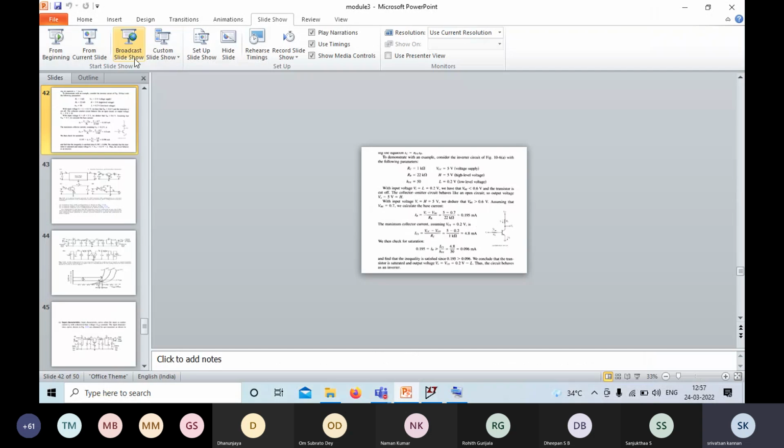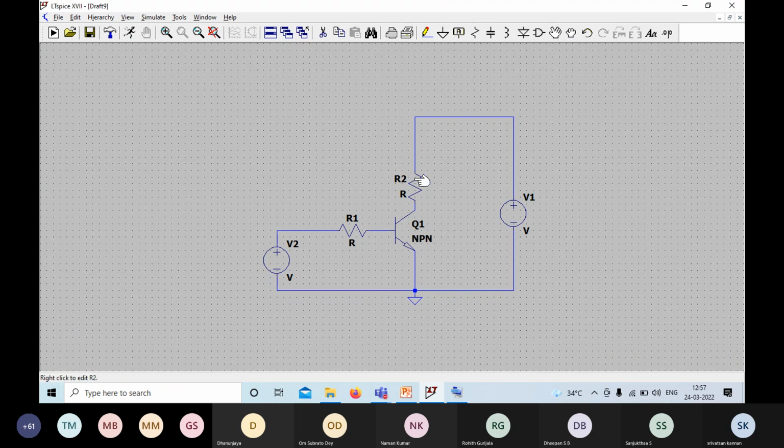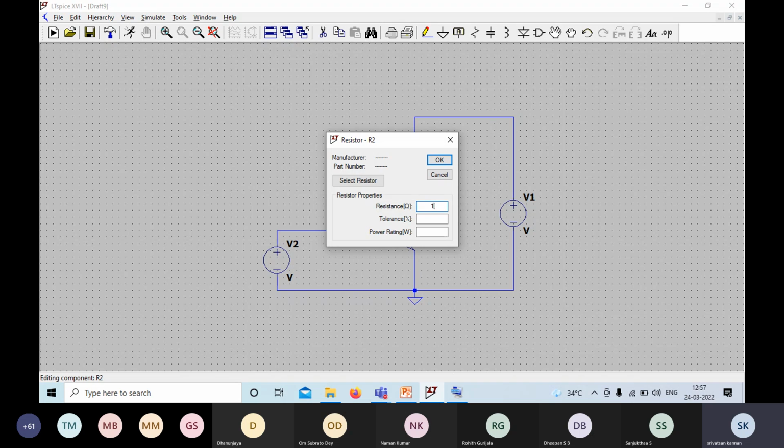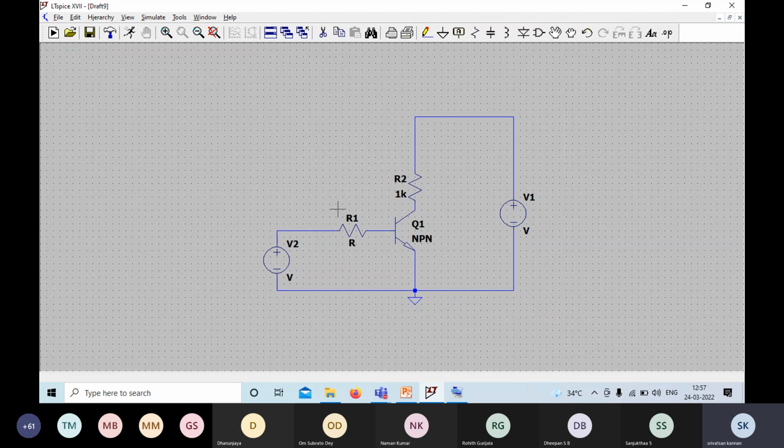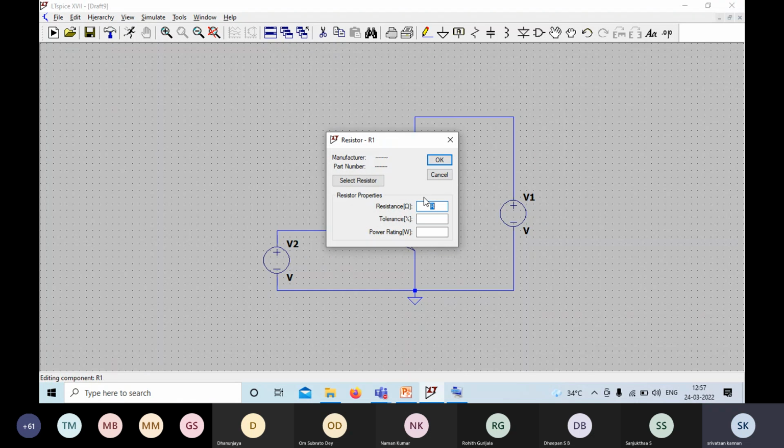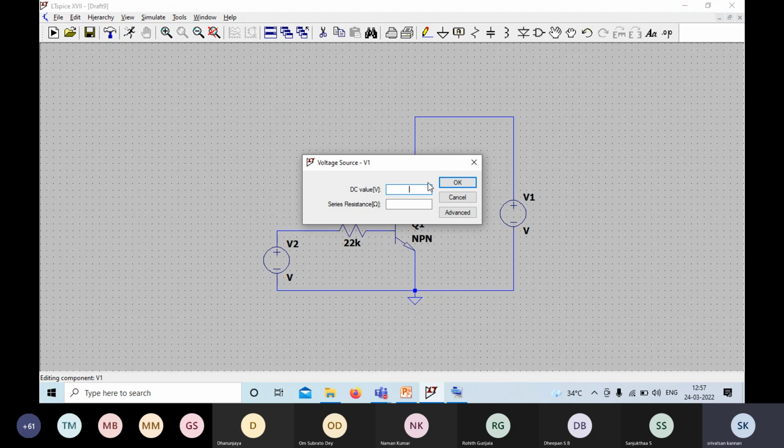RC is 1 kilo ohm, RB is 22 kilo ohm. This is 1 kilo ohm, this is 22 kilo ohm, and this is 5 volt. And let us see the output for 0.3.